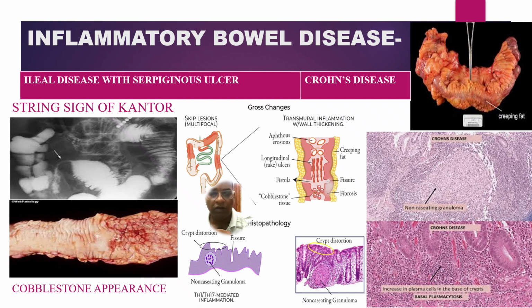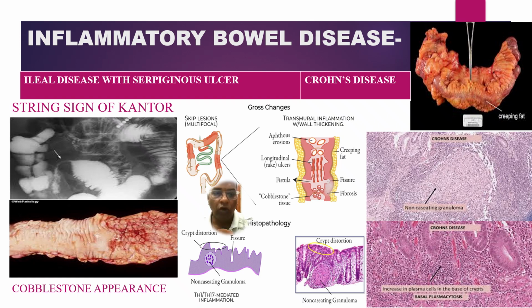So, again we will discuss Crohn's disease. It is an inflammatory bowel disease and it is not an autoimmune disorder, seen in young females and it is because of immune dysfunction. The most common site affected in Crohn's disease will be ileum and rectum will be spared. The earliest manifestation will be aphthous ulcers.